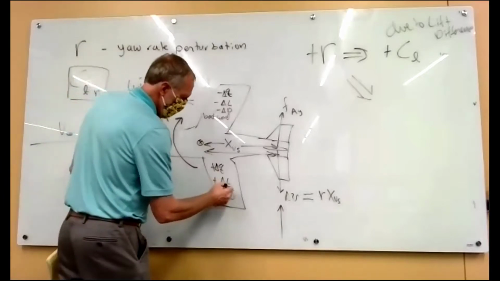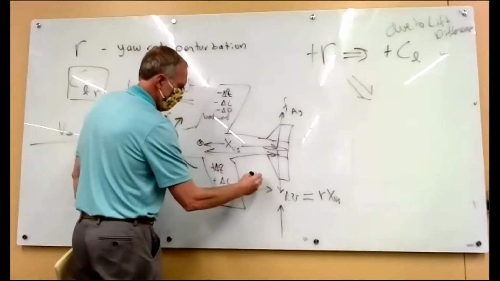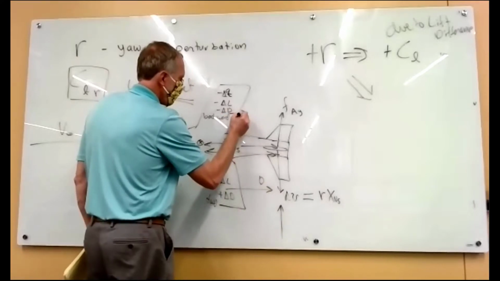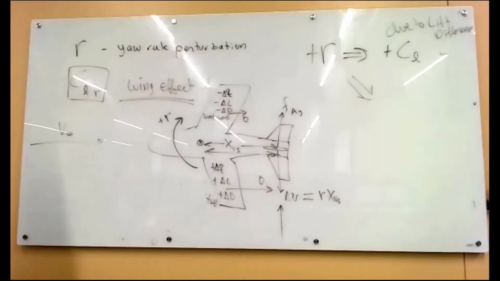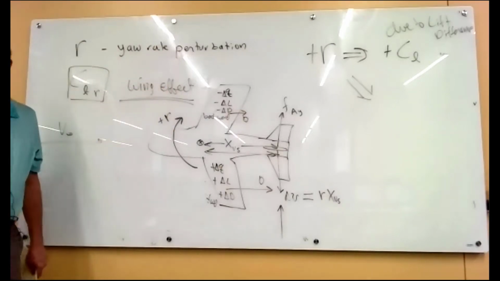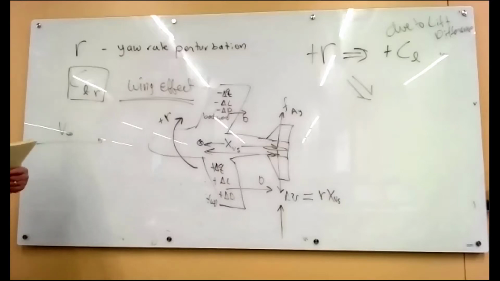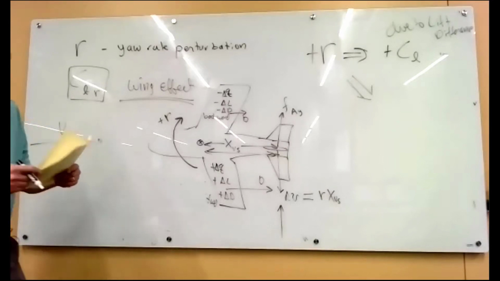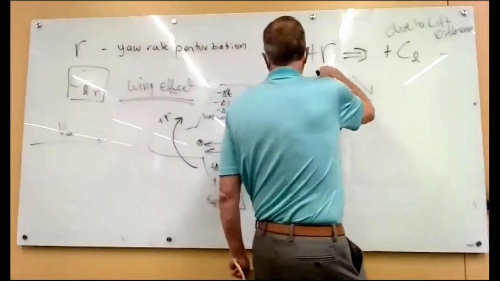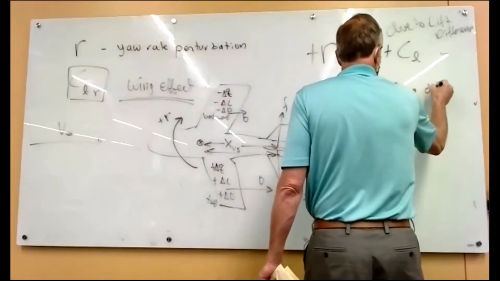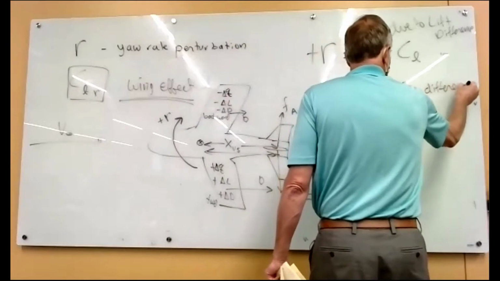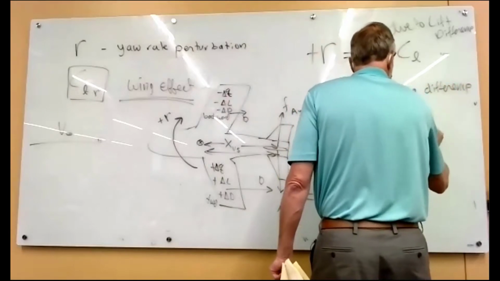So here we've got a bigger drag vector than over here. So what does that do? We've got a net yawing moment, right, in the negative direction. So a positive yaw rate due to the drag difference gives us a negative yaw.